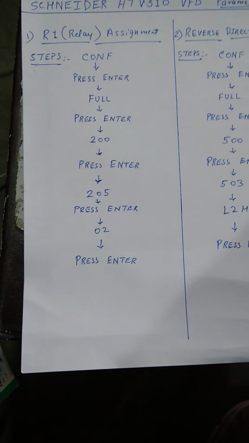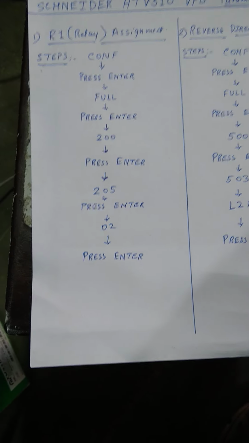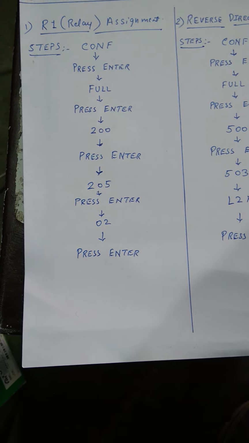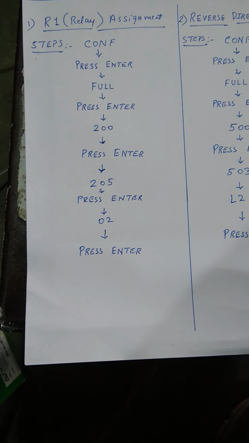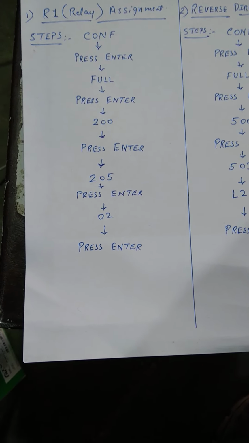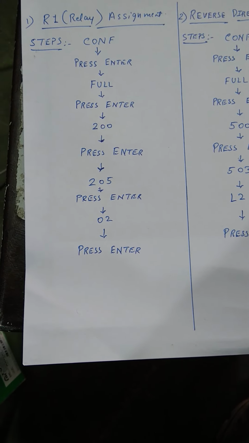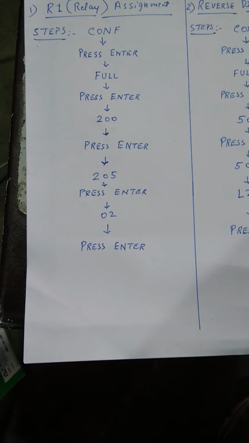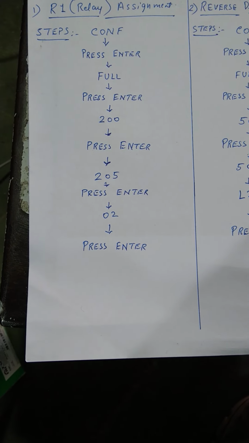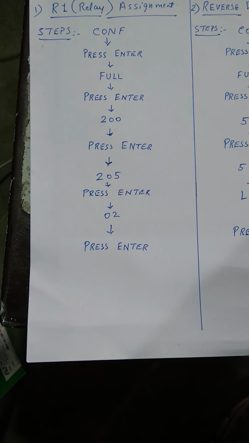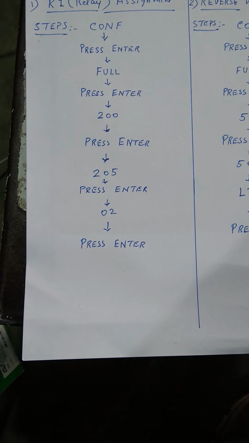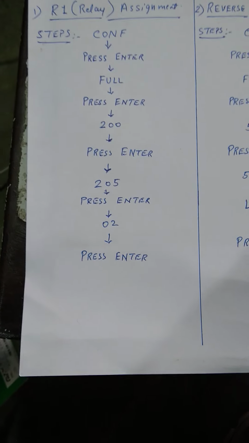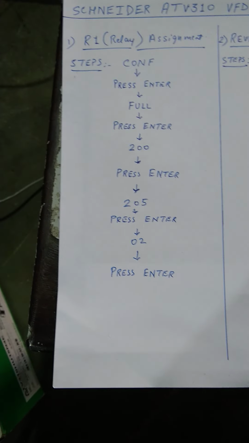The first step is we have to go to configuration, then press enter, then full, then press enter, then we have to go to 200. That's the parameter number for R1 assignment. Then press enter, then go to 205, press enter, and then we have to switch it to 02. What is 02? We will see in the standard parameter list of the Schneider.